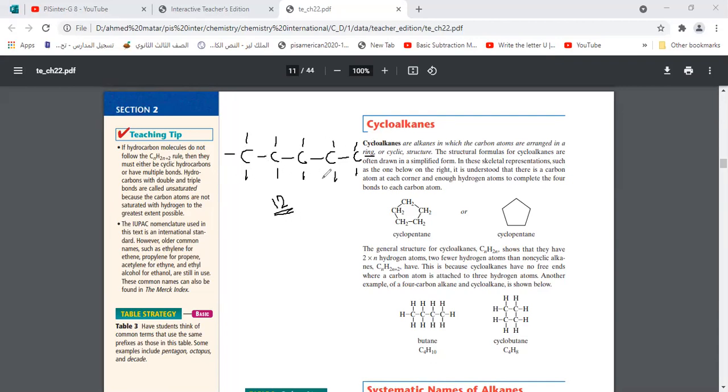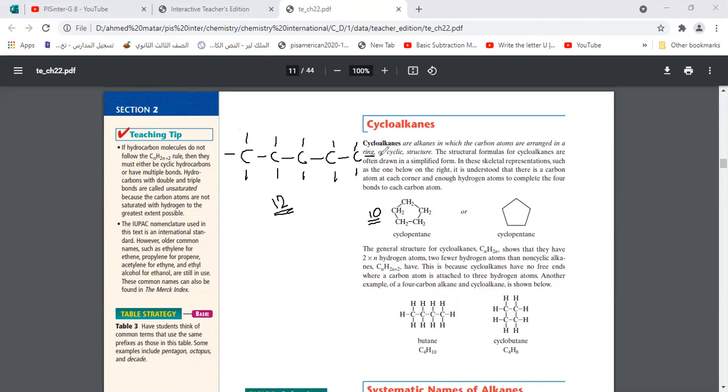So once it's a straight chain, not a cyclic alkane, you find that here we have 12 hydrogens, but once they are found in cyclic form, that is cyclopentane, let's count how many hydrogens here. How many, Tadros? 2, 4, 6, 8, 10. 10. So that means the number of hydrogens in cyclic alkanes is less than the number of hydrogens in the straight one. Yes? Yes, it's always less by 2.